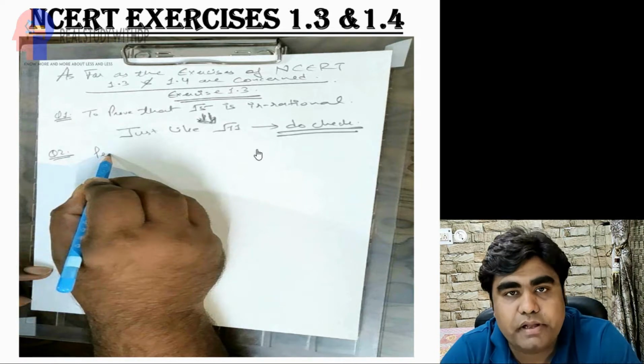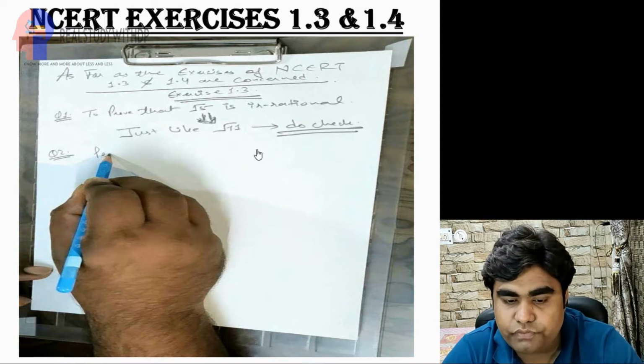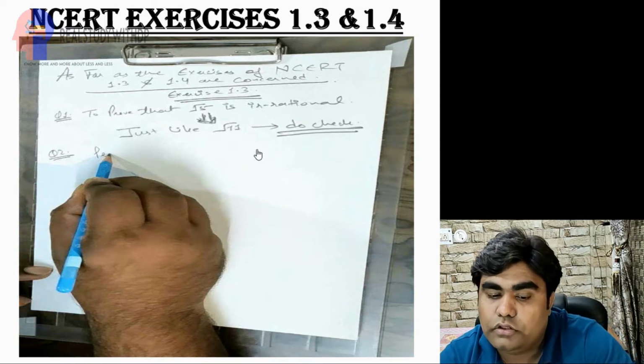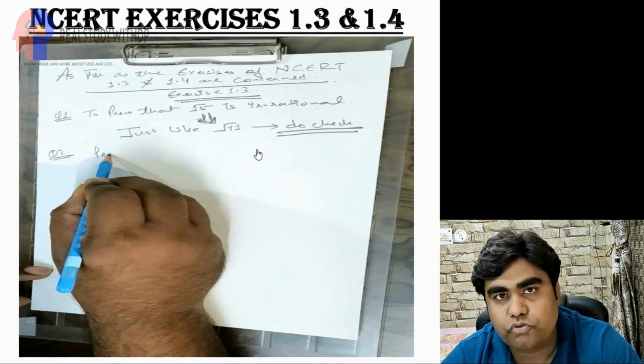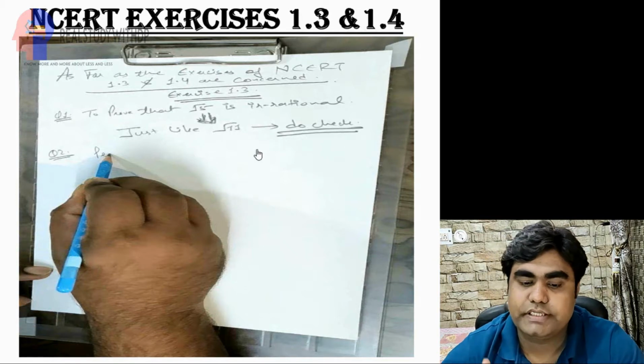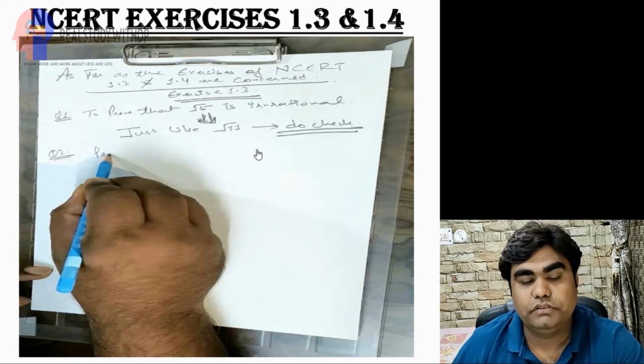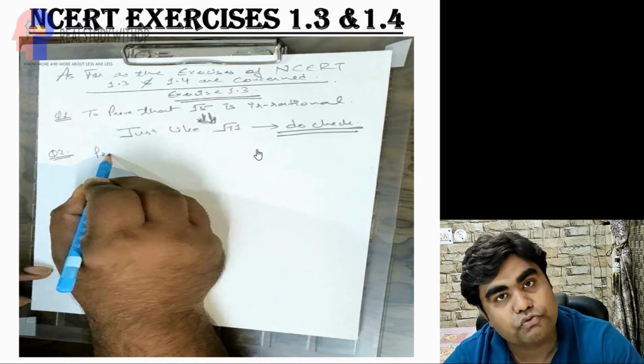Do check my video in which I have proved square root of 11. The same steps are going to be there. Just like square root of 11, we will be able to prove square root of 5.